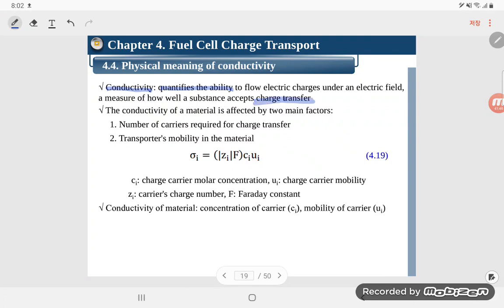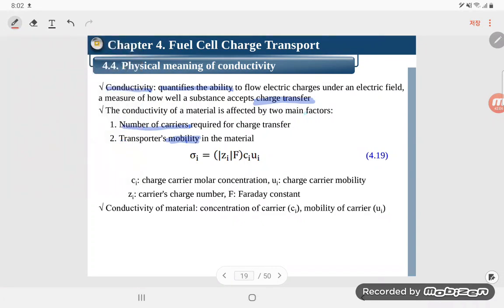The conductivity of a material is affected by two main factors. The first is the number of carriers required for charge transfer, and the second is the transporter's mobility in the material.